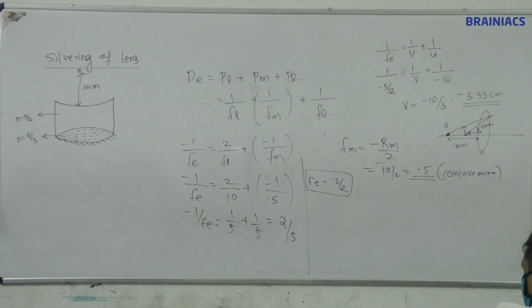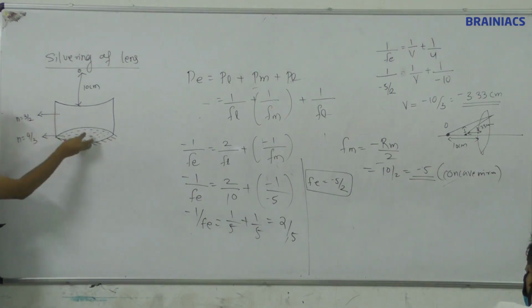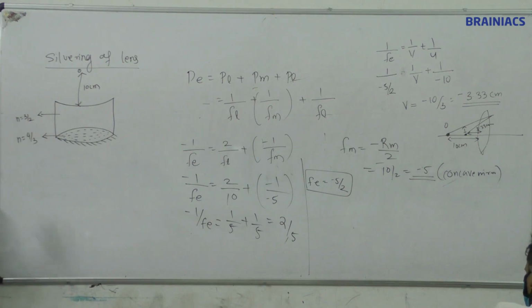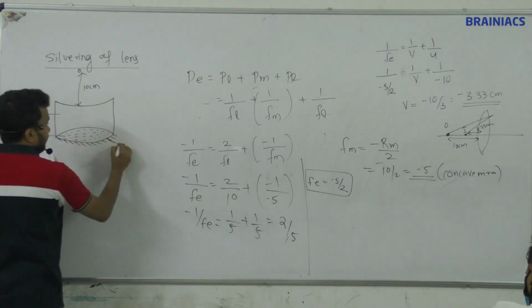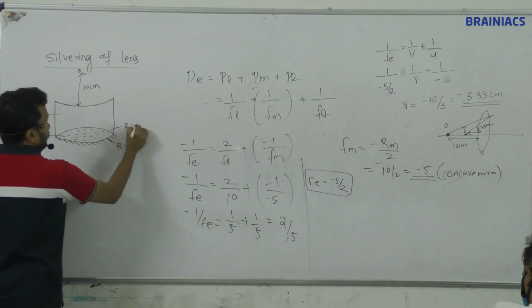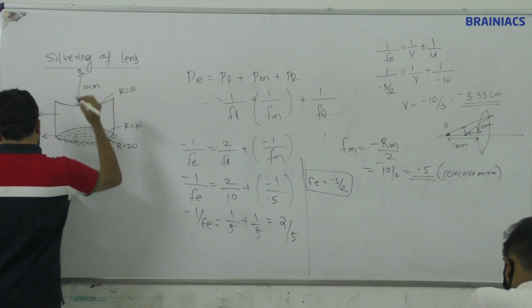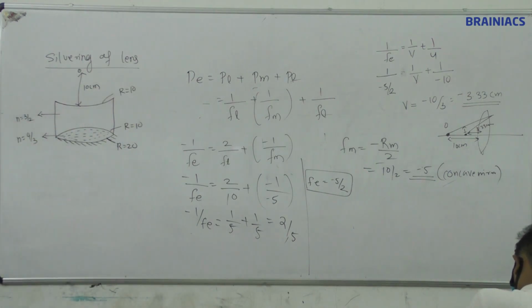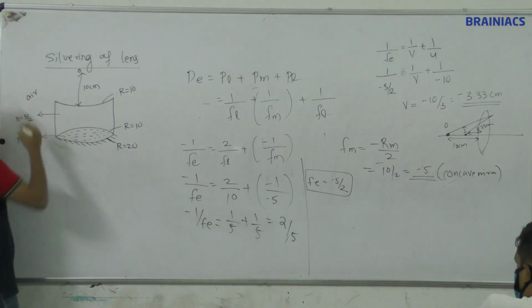Here is a glass, and this is water, and here it is silver. Where will the image be formed? We have to mention the radius of curvature values also: 10, 10, 20. This R equal to 20, R equal to 10, and this R equal to 10. That's all. Refractive index 3 by 2. Outside it is air medium.